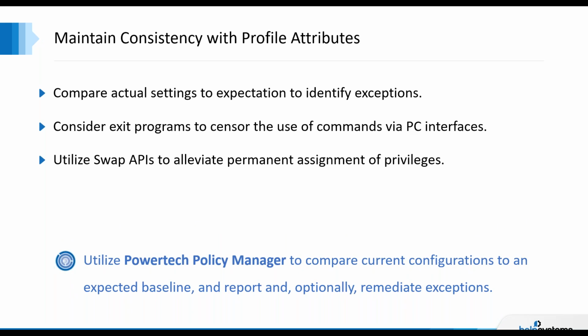Now, profiles tend to be very disparate based on the fact that, as I've said before, they're copied or propagated from system to system. So one of the things that I suggest to people on an ongoing maintenance basis is that you compare the current settings with the expectation of those settings. This is something that should be done not only at the profile level, but even at the system level.